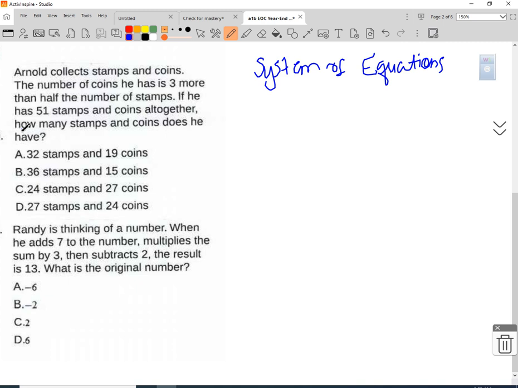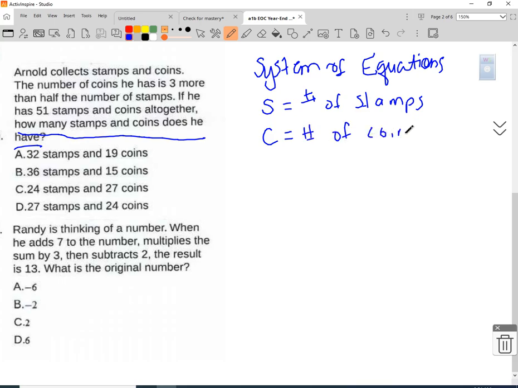We know what our variables are going to be here. How many stamps and how many coins. So let's make it easier on ourselves and use S for stamps and C for coins. So not just for stamps or coins, it has to be the number of stamps, the number of coins.